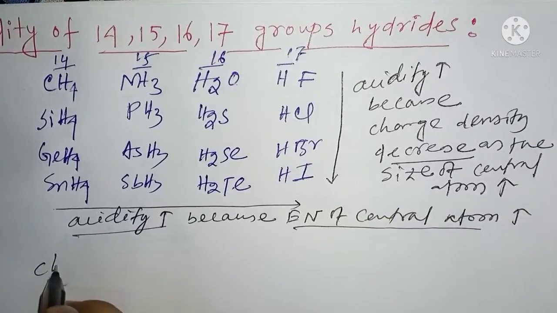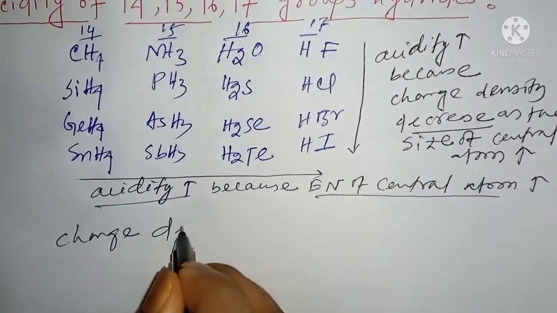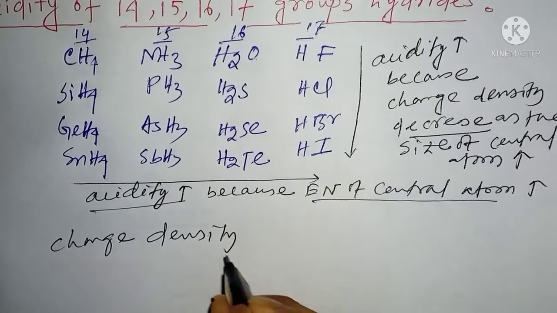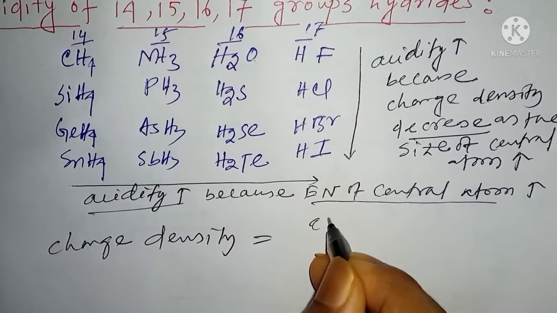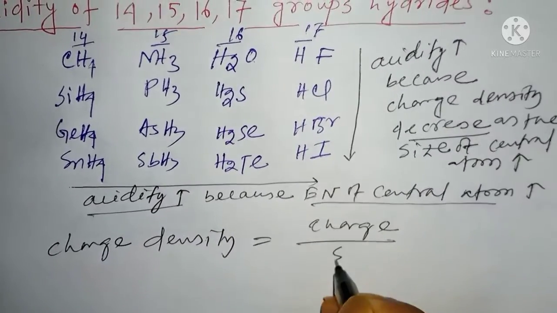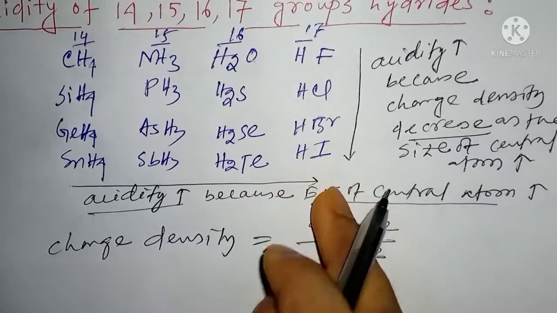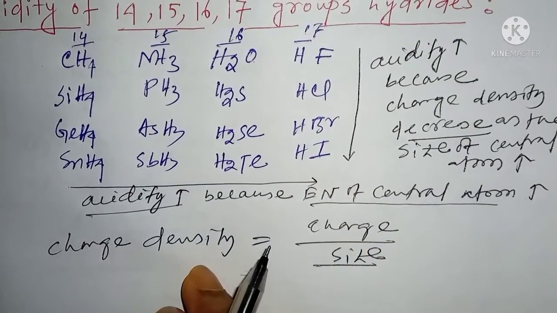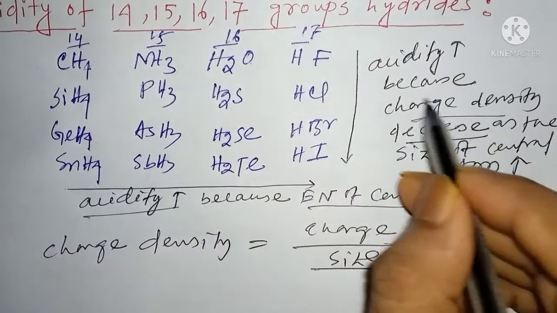We know charge density equals charge by size. Up to down, size increases, so charge density decreases. So charge density decreases, acidity increases.